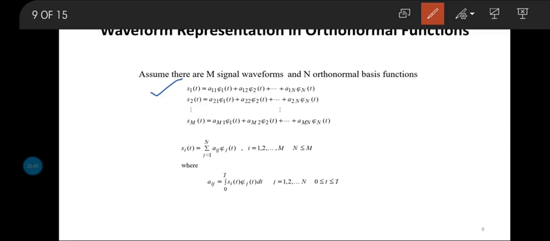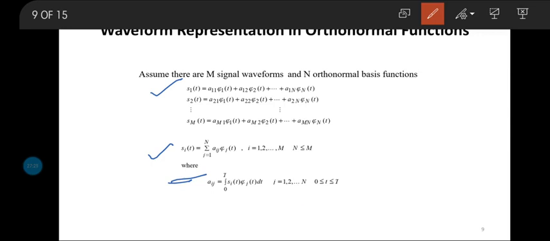So, depending on that, the very first expression is S1 of t equal to A11 psi 1 of t plus A12 psi 2 of t, and so on, up to A1n psi n of t. Likewise, Si of t will be equal to a summation. In a more compact way, it is the summation over j equal to 1 to N of Aij psi j of t, where i is equal to 1, 2, 3 up to M, and N is always less than or equal to M. And then what would be the value of this Aij?